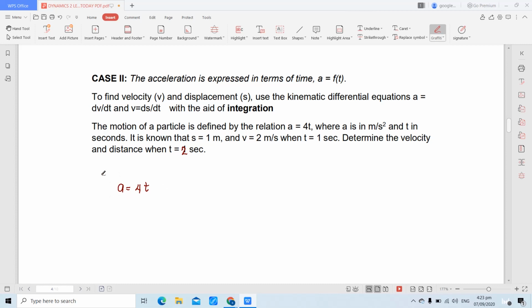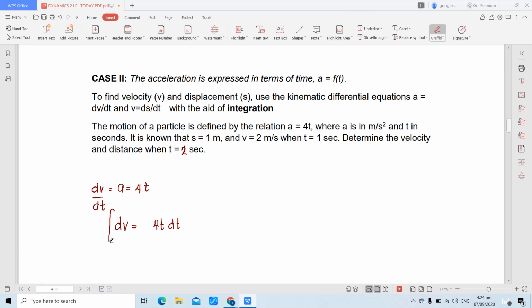Saan natin kukunin yun? Substitute A equivalent to dv over dt. Okay, so by cross multiplication, we can say that dv is equivalent to 4t dt. So, mapapansin nyo dyan, na-separate na natin yung variables natin. Tama?